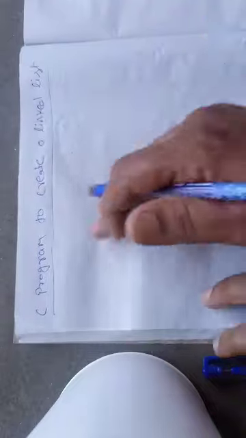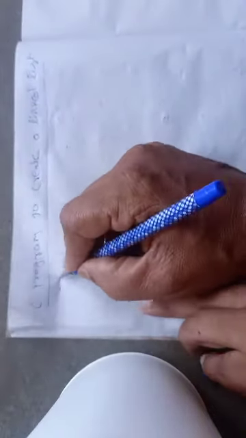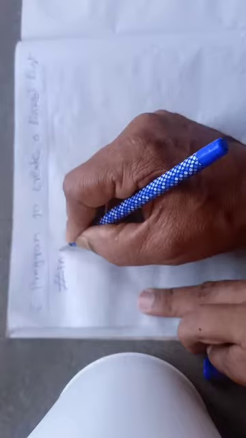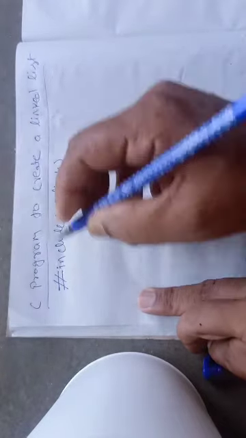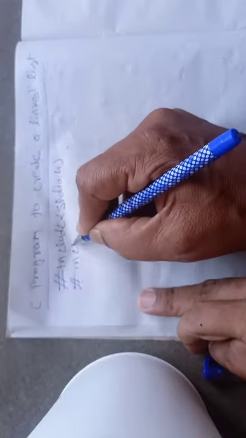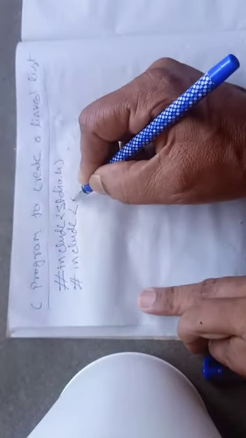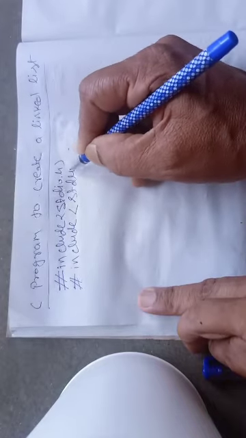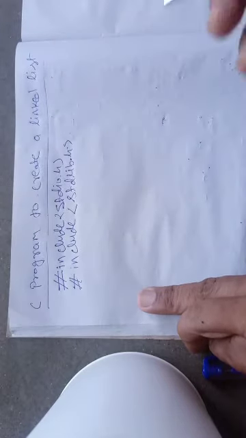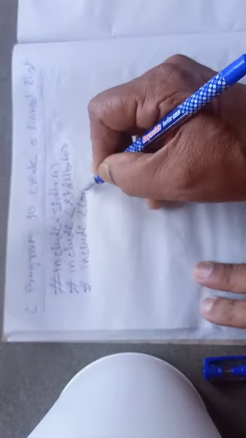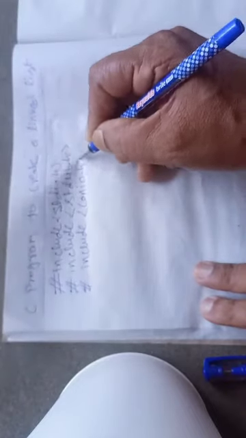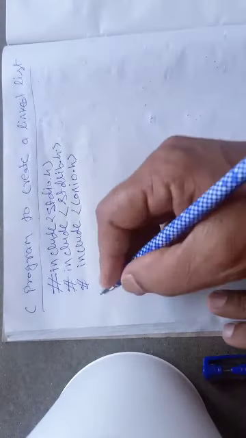First we'll use #include <stdio.h>, then #include <stdlib.h>, and you may also include <conio.h> if required. Now to create a linked list we need to define a structured data type first.